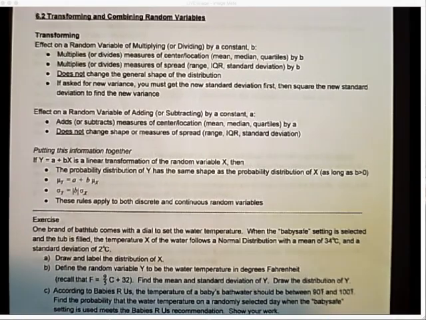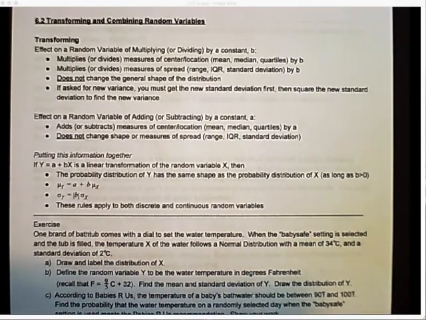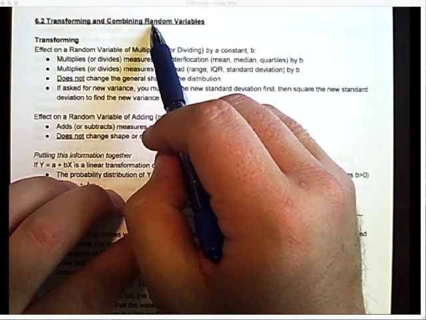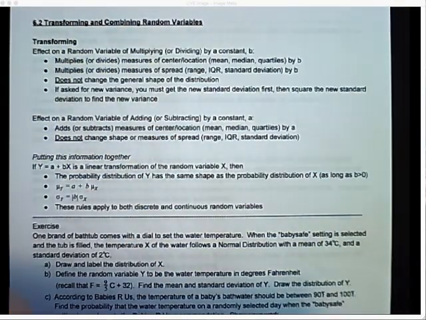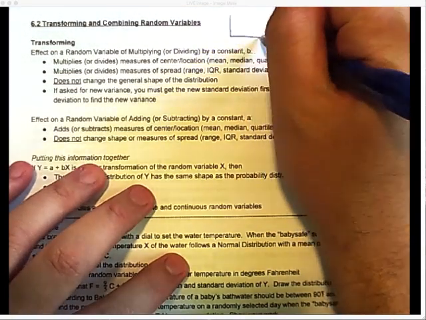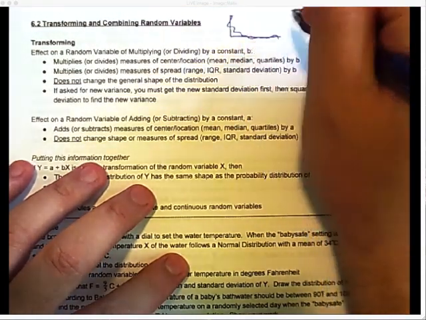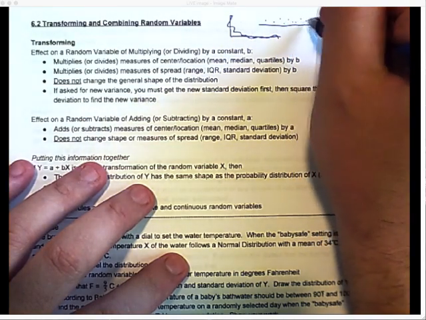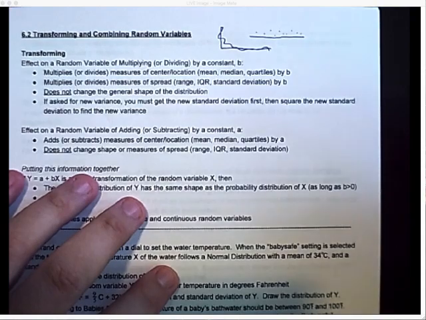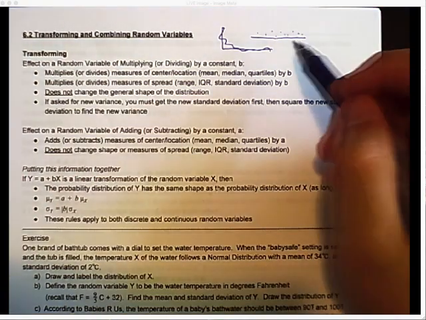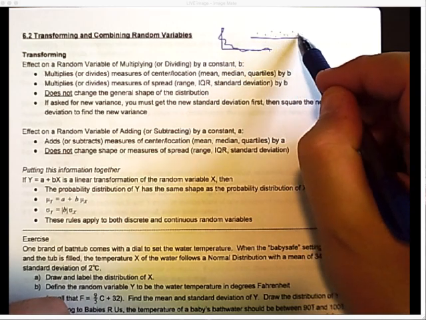All right, guys, we're going to move on to section 6.2, transforming and combining random variables. A few chapters back, I think we did an example with a dot plot of scores on a test, and we talked about what happens if I add 10 points to everybody's score.